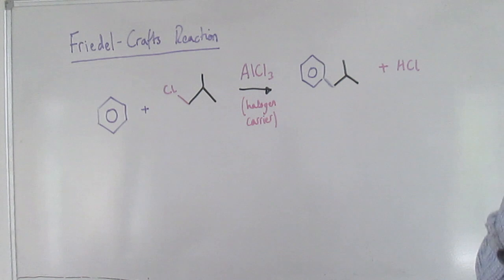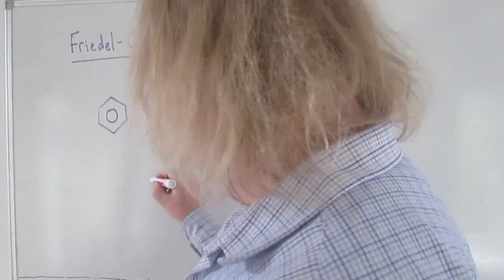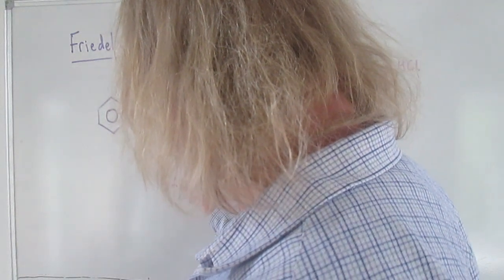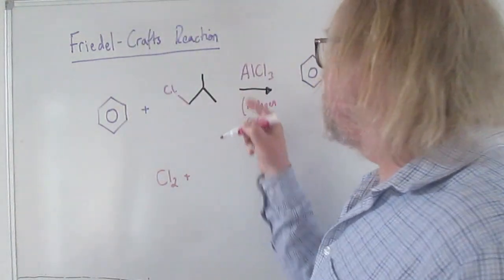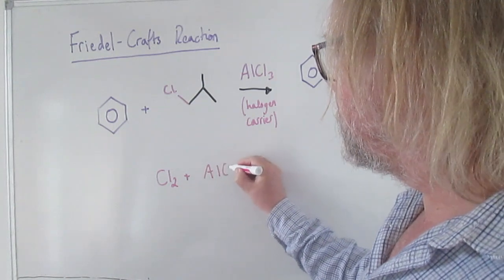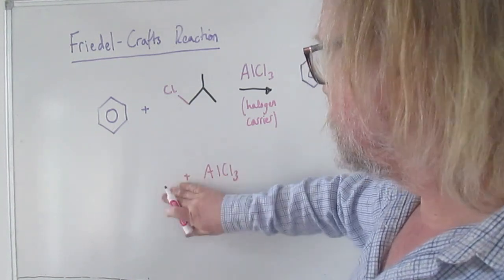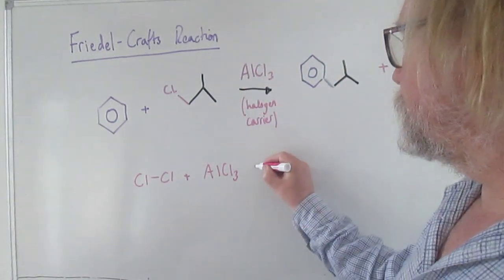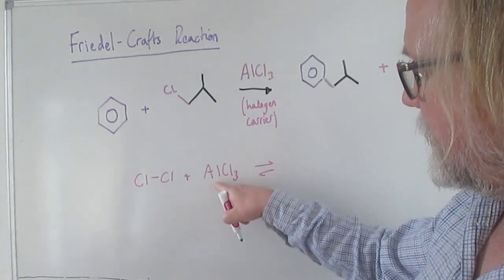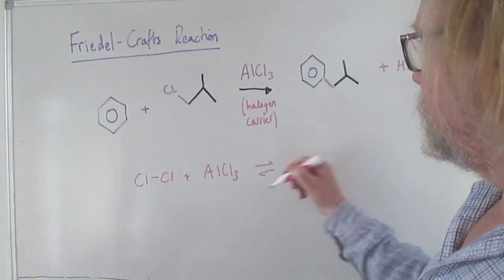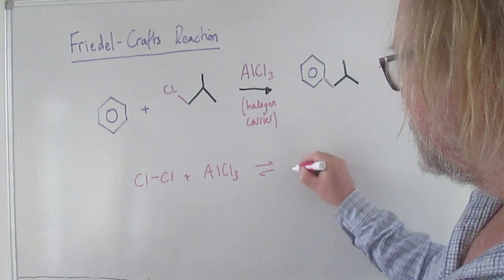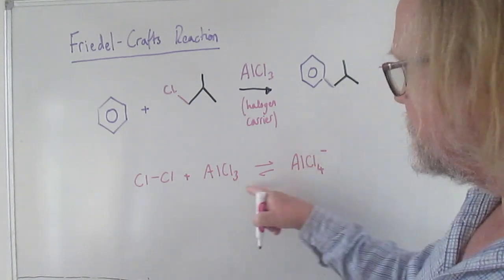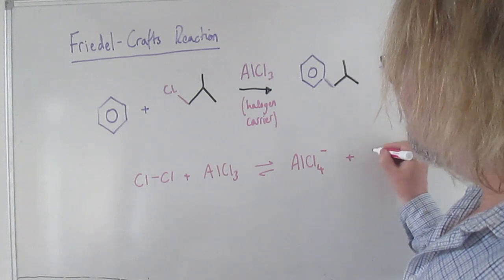So let's just remind you of how that worked. When you had chlorine and you added the halogen carrier catalyst to it, let's just write out the chlorine like this, then what you get is that the AlCl3 grabs one end of that Cl2 molecule, breaks the bond heterolytically to give you AlCl4 minus, and that leaves Cl plus behind.